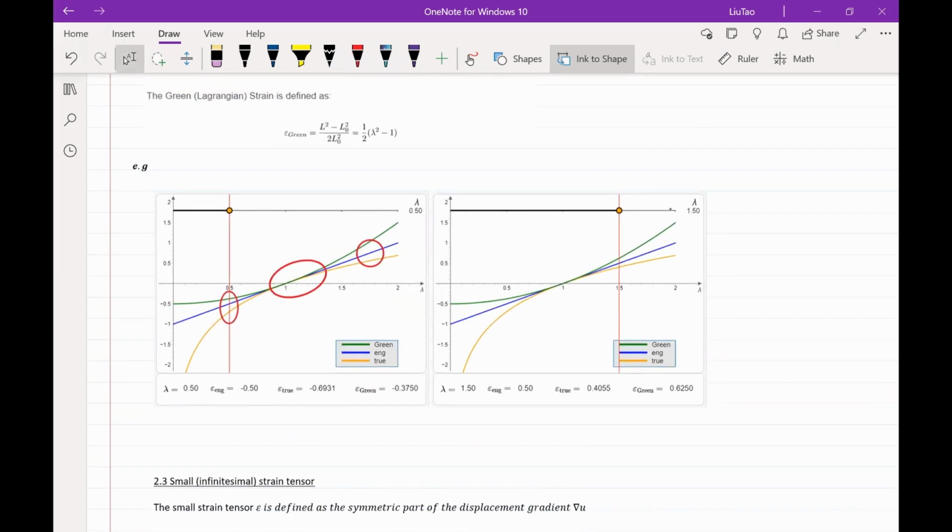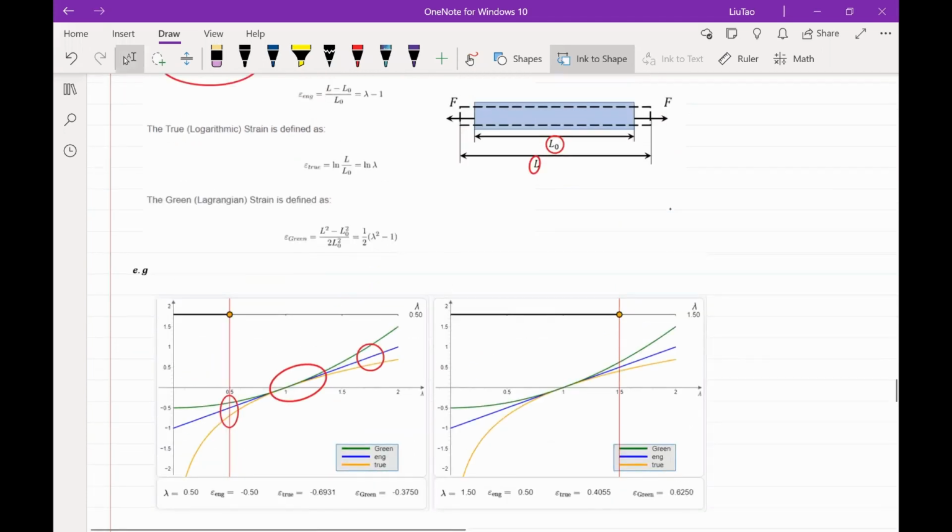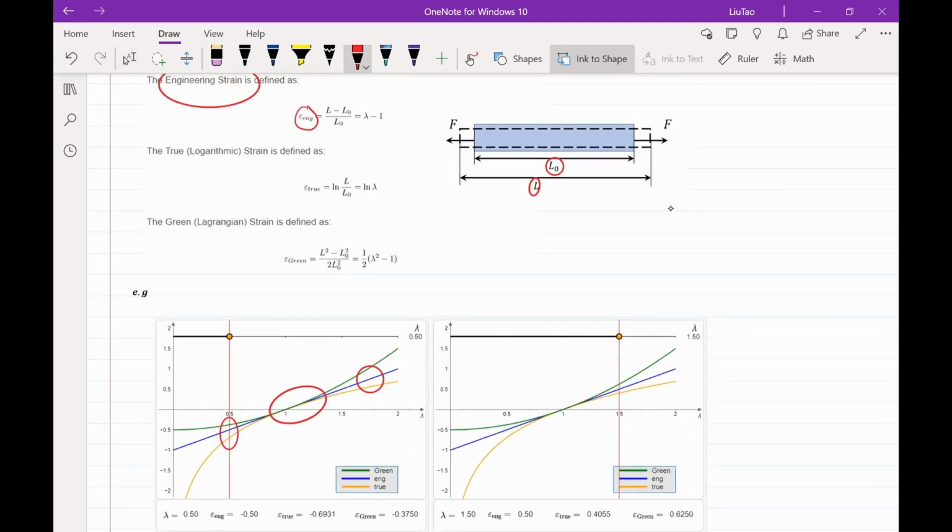Also we need to know that when given one strain, for example, if we know the engineering strain, then we can find the stretch ratio. With the stretch ratio, we can also find the true strain and Green strain. So given one strain, we can calculate the other strains.